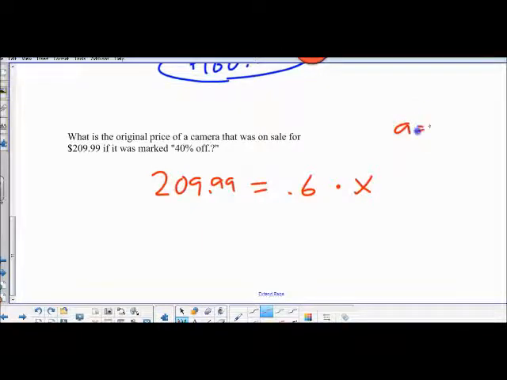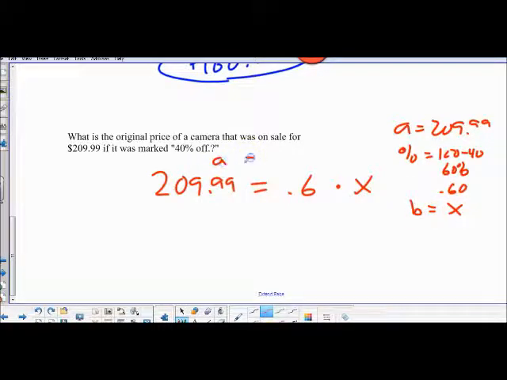So the new amount is 209.99. The percent is 100 minus 40, or 60%. So I'll use 0.60, 0.6. And the original amount, that's the thing that I don't know. So this is my problem now.